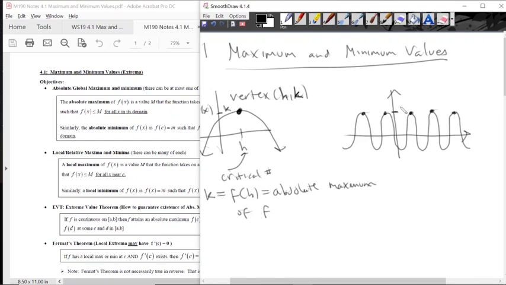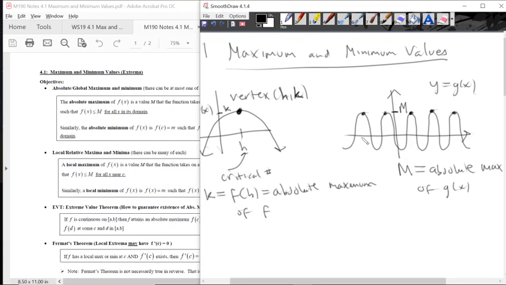I'm going to call that height capital M. The output at each of these points, M, is the absolute maximum of this function. Let's call this function y equals g of x. So the absolute maximum of g of x is attained in many locations.